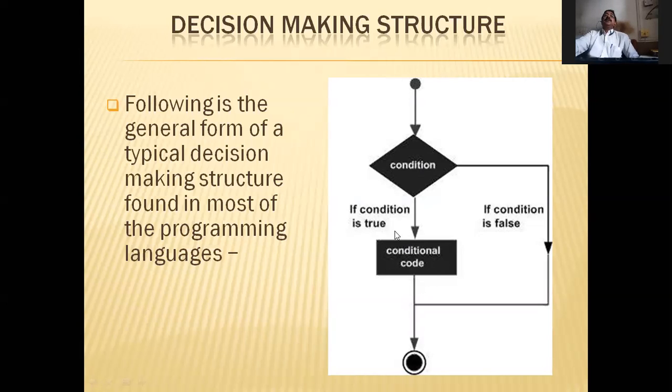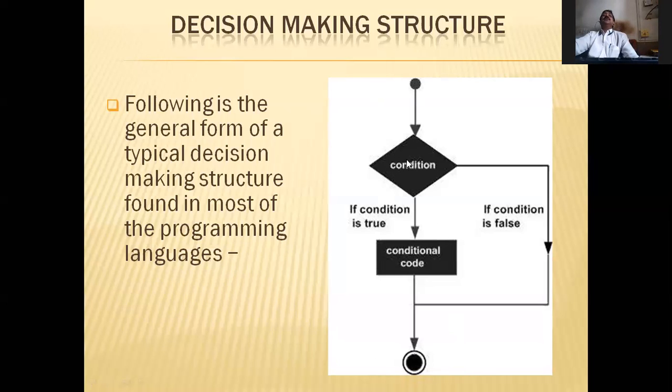If this condition is true, the conditional code will be executed, and then the control goes to the next statements. In this conditional code, which is given in a rectangle, there may be a single statement or a number of statements.